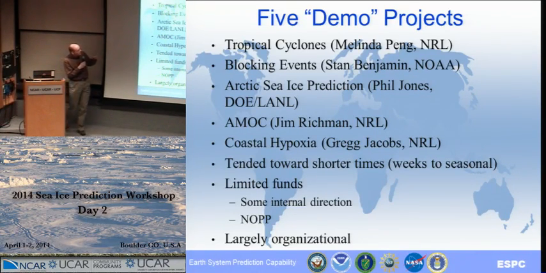There's one on trying to forecast blocking events led by Stan Benjamin in NOAA. So I got tasked with leading the Arctic sea ice prediction, and that's an interesting story that I could tell you over beer sometime. There was one related to AMOC that Jim Richmond at NRL Stennis is leading, and one in coastal hypoxia, and that's the other meeting that's going on this week, led by Greg Jacobs at NRL Stennis.